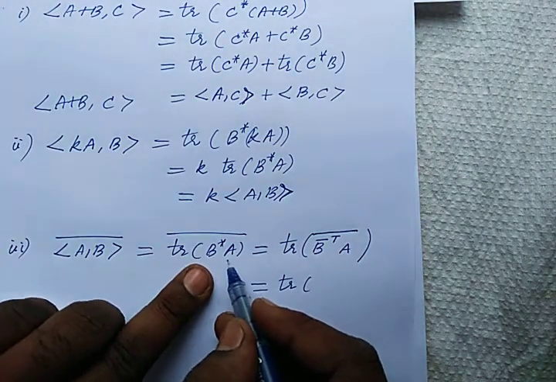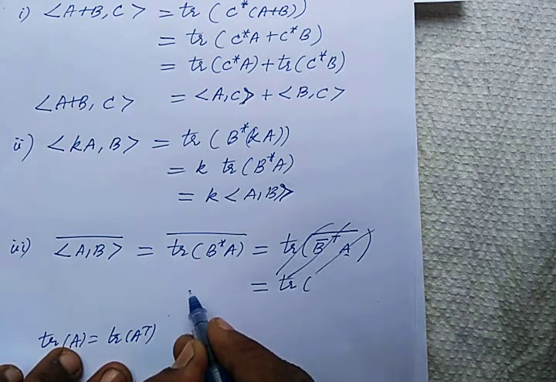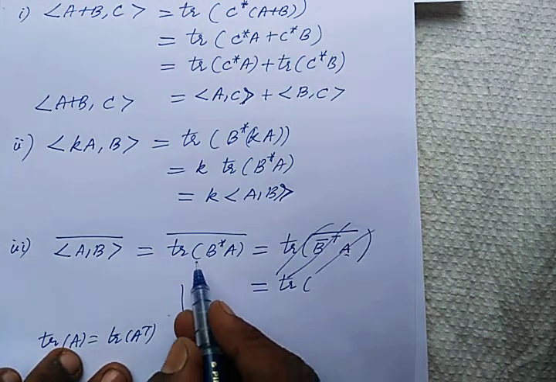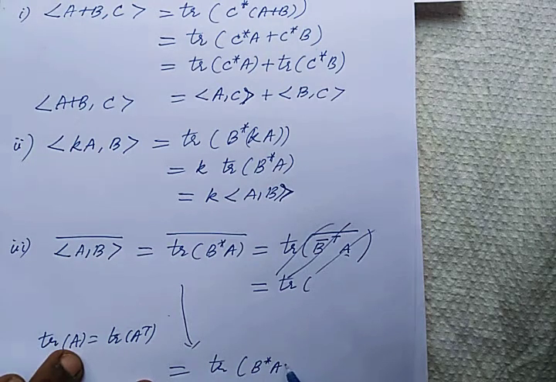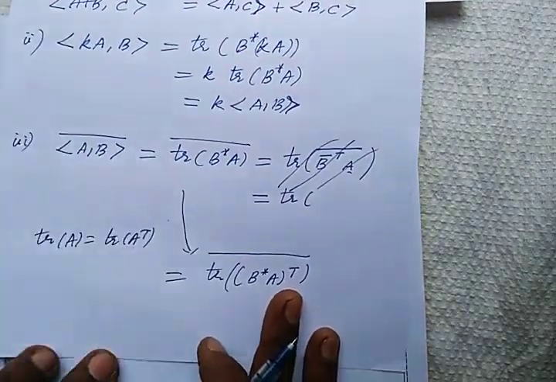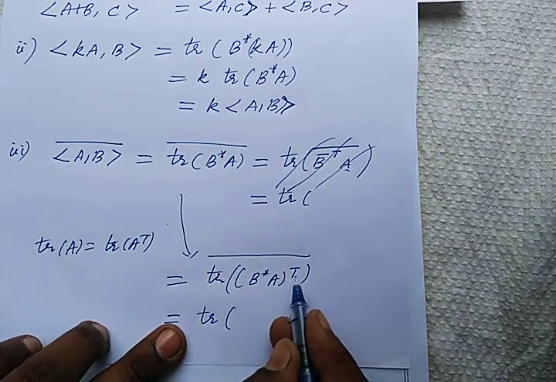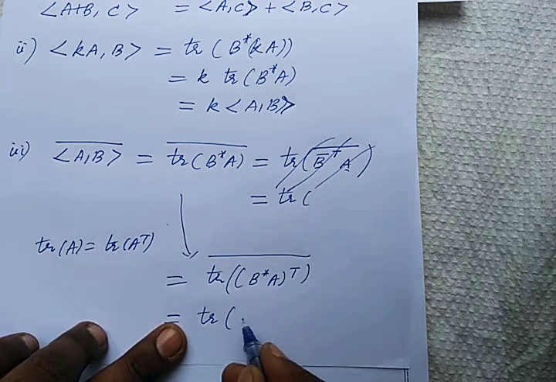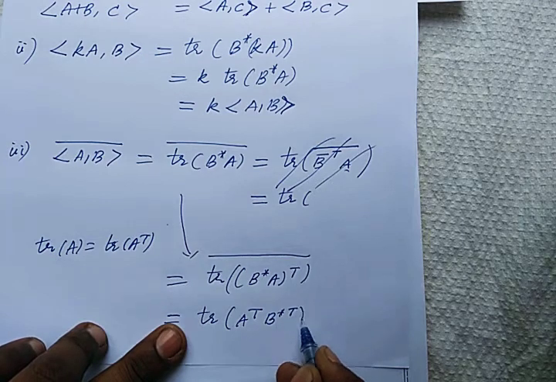So trace of B star A and trace of B star A, the whole transpose, both are the same, with the bar as it is. If we take a transpose, it becomes A transpose into B star transpose, the whole bar.